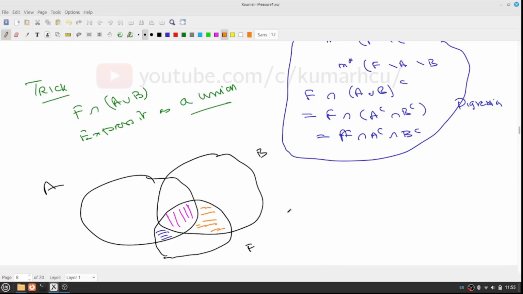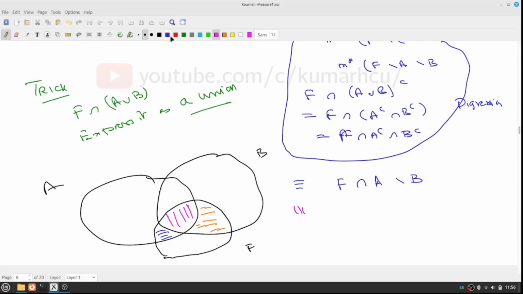Now what are they? Notice that this one is nothing other than I take A union B, intersect with A, but I don't want B. You understand that? That is nothing other than F intersection A minus B. I throw away B. Now let's look at this one.